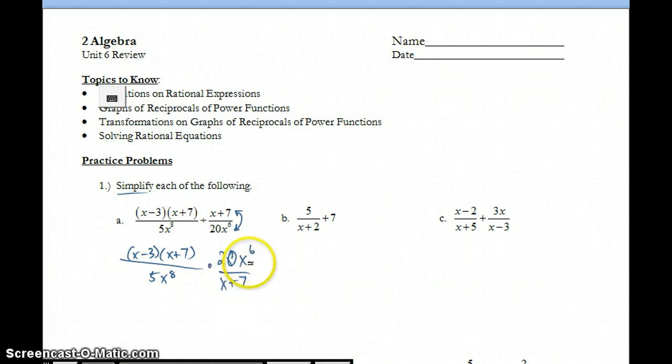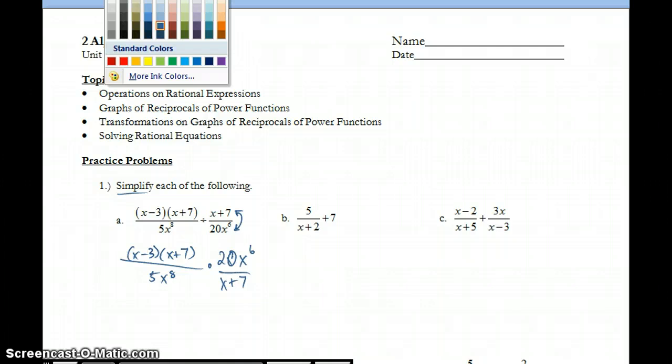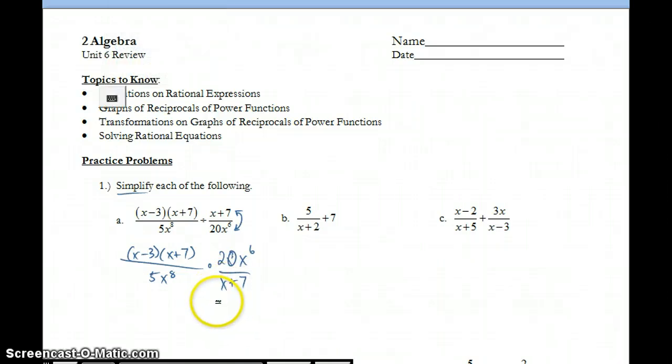Now, once it's multiplication, we can look to start canceling out terms that are the same in the numerator and the denominator anywhere within the problem. There's nothing else that looks exactly the same, but I do see 20 and 5. And I know that 20 divided by 5 is 4 over 1. And I have x to the 6th and x to the 8th.